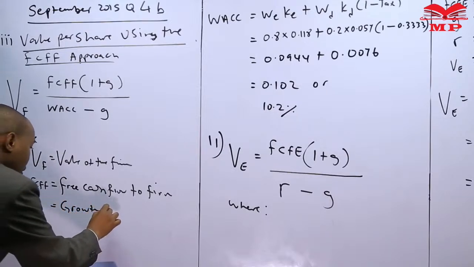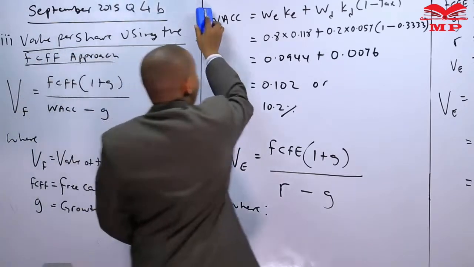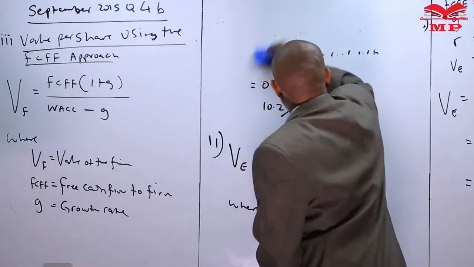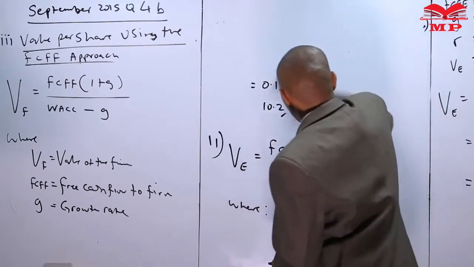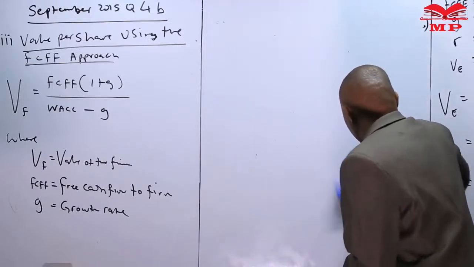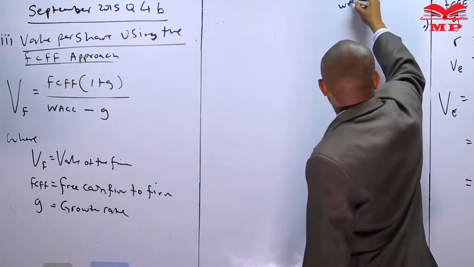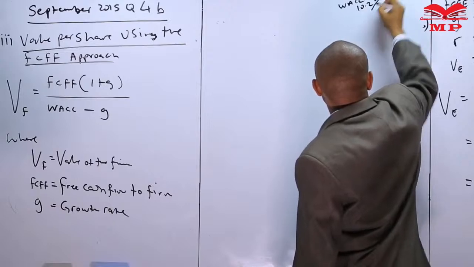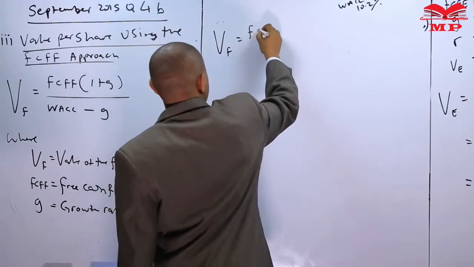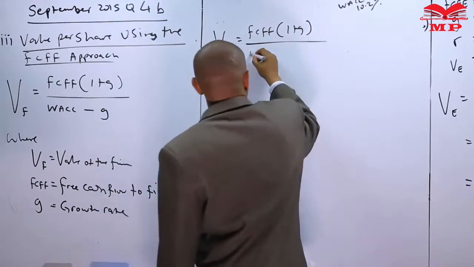Moving over to this other side, I don't want to rub out the answer we got for weighted average cost of capital. We got 10.2%, so you can put WACC is 10.2% somewhere here. So the value of the firm is FCFF times (1 plus G) over (WACC minus G).